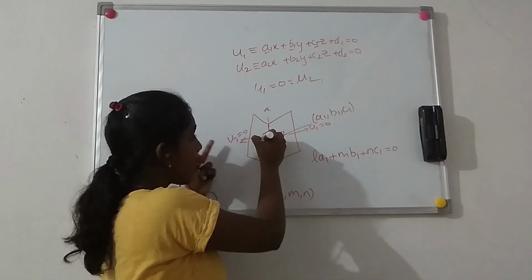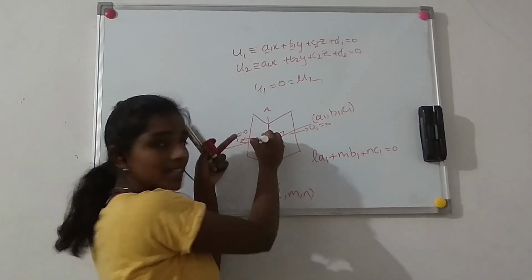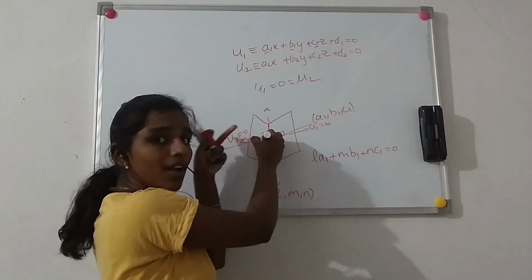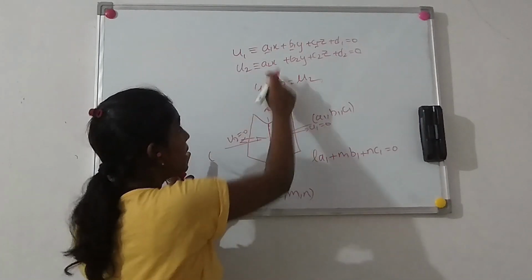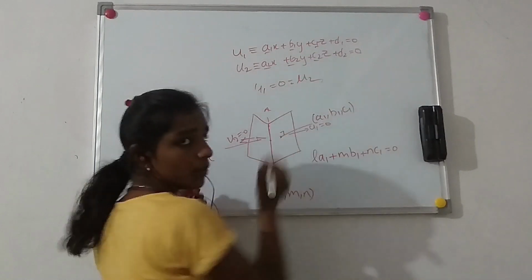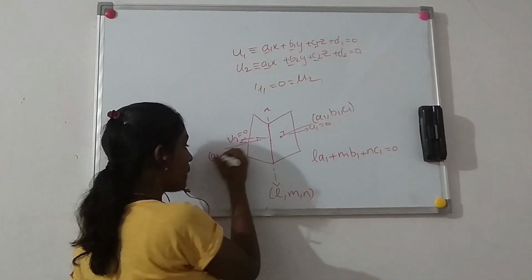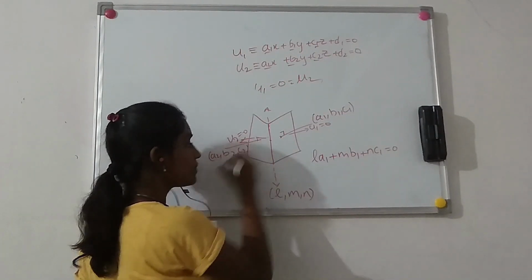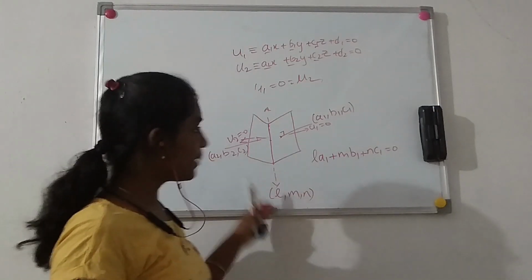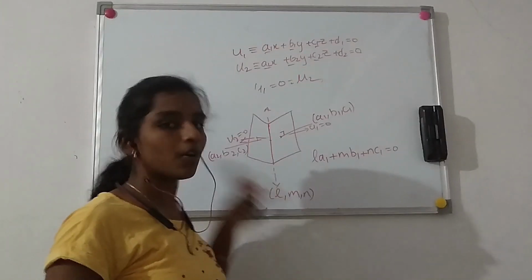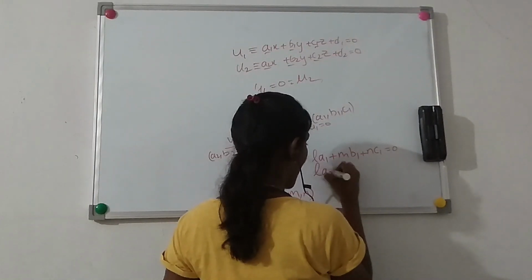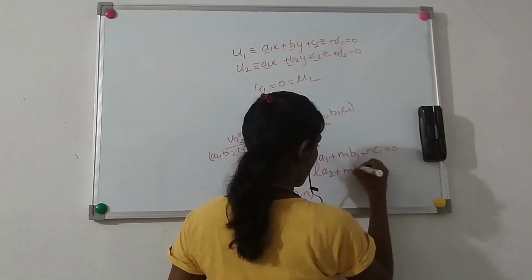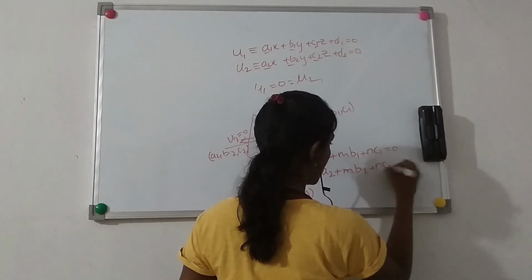If I draw a normal to u2 like this, this line will also be perpendicular to this line. So what are the drs of this normal? a2, b2, c2. Now if I write the perpendicular condition for these both also, what do I get? l a2 plus m b2 plus n c2.